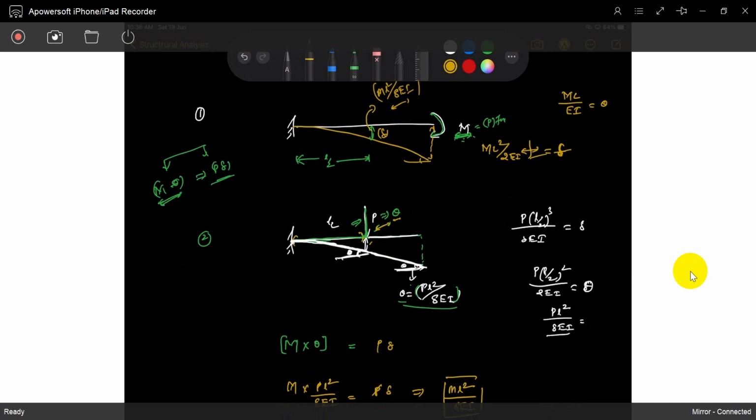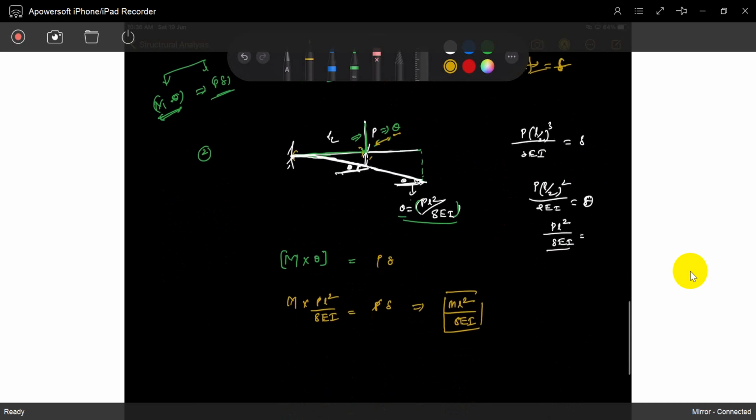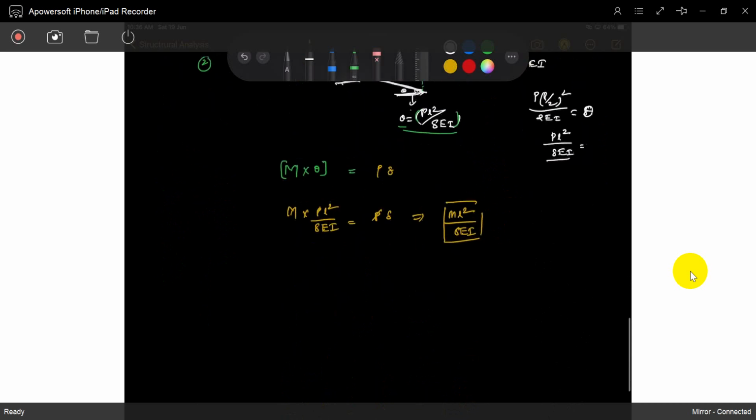That is the advantage of Maxwell-Betti's theorem. So I will again explain with a second example.